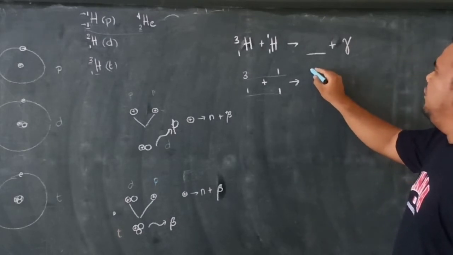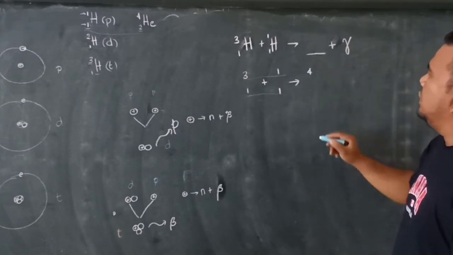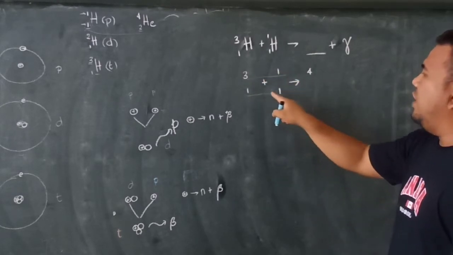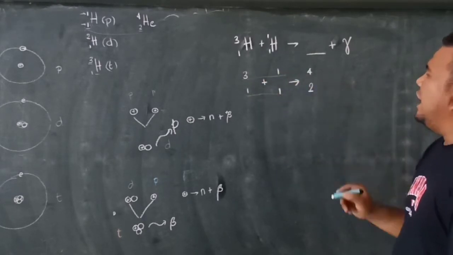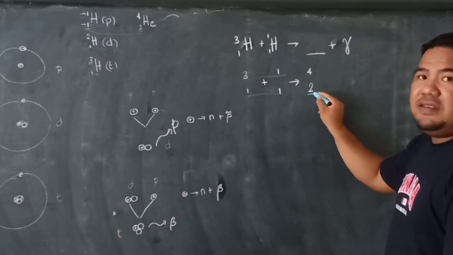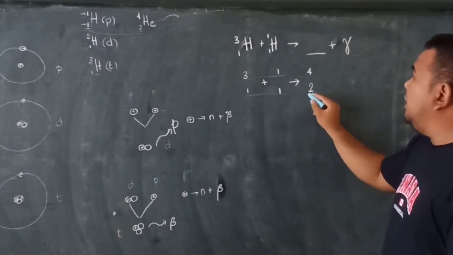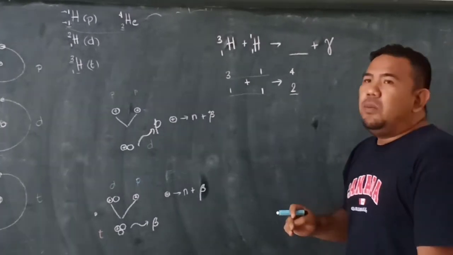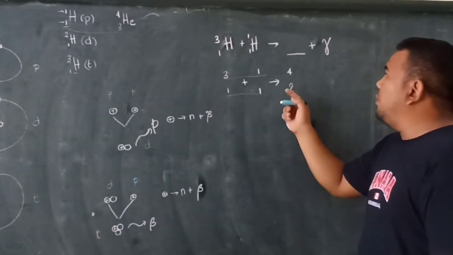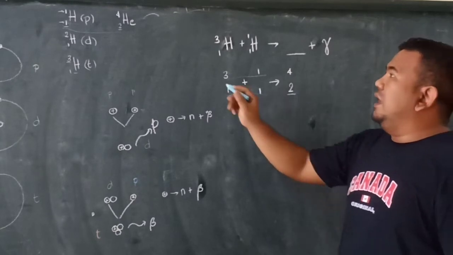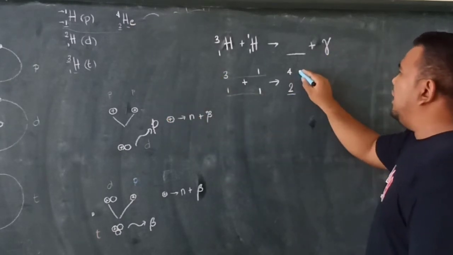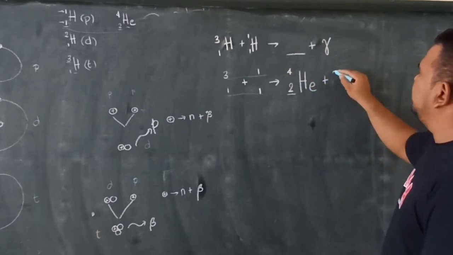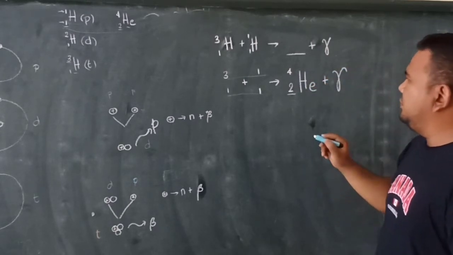So you have 4, because 3 plus 1 is 4, then you have 1 plus 1, you have 2. Then remember that this is the proton number, or the number of protons. Then we go back to our periodic table. What element has 2 protons? It is helium. Therefore, your equation will now become like this.